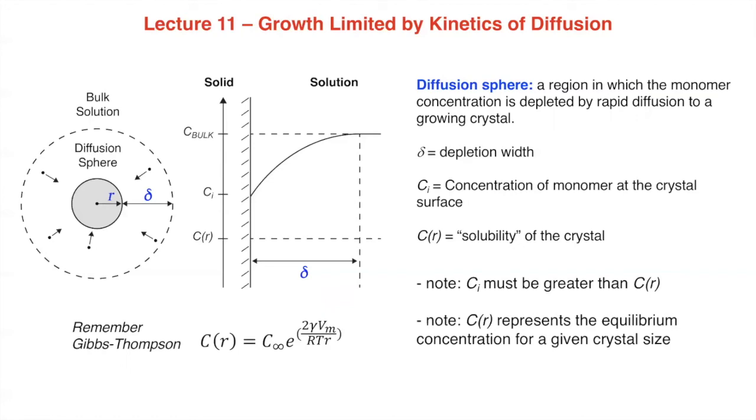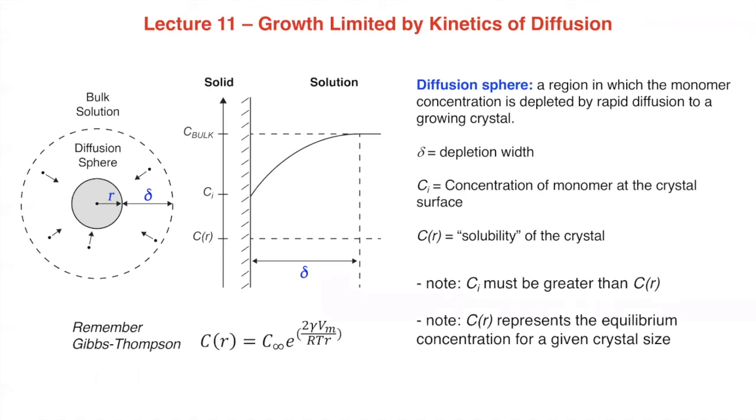Okay, so one of them is where growth kinetics are limited by diffusion. So what does that mean exactly? On the left here, I've drawn a nanocrystal with a given radius, surrounded by what's called a diffusion sphere. And the diffusion sphere separates the transition from a region where the monomer concentration is dropping as you get closer to the nanoparticle, from a region where that's basically the bulk solution, at the solution concentration.